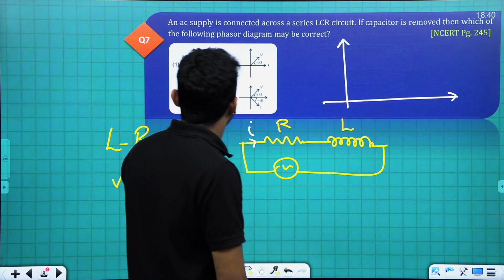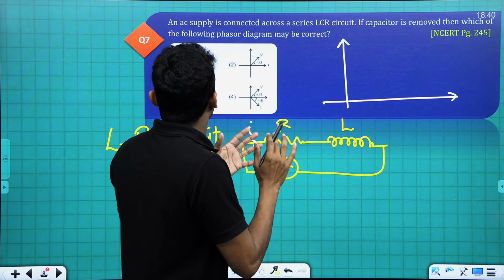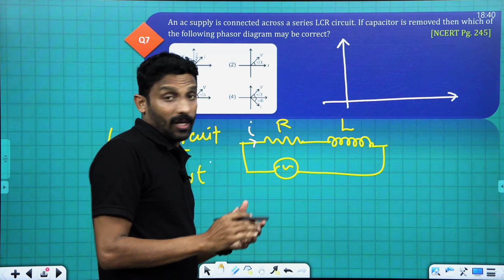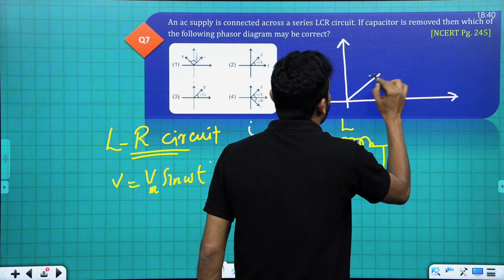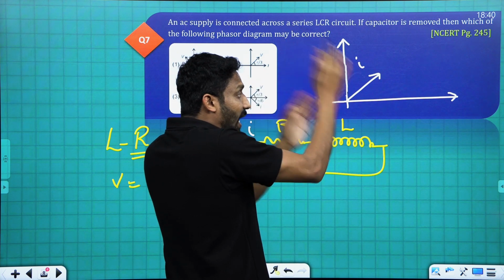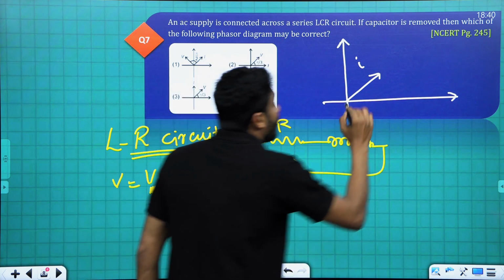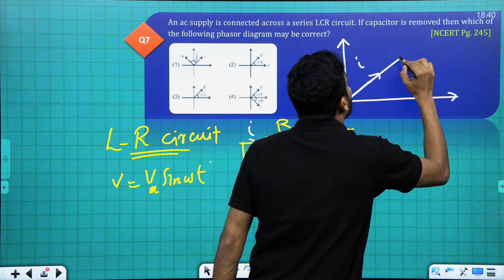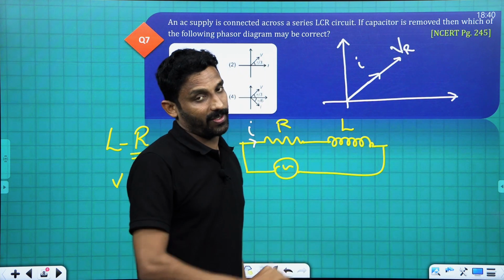And here, suppose we are representing the current. First of all, the current is represented. Suppose this is the current representation I. Then in the same manner will be the voltage across resistor VR, because they are in the same phase.